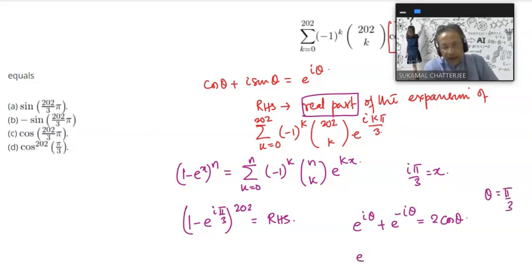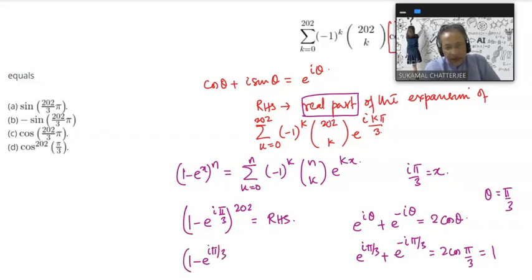So I get e to the power i pi by 3 plus e to the power minus i pi by 3 is 2 cos pi by 3, which is 1. So that means I can write 1 minus e to the power i pi by 3 is equal to e to the power minus i pi by 3.